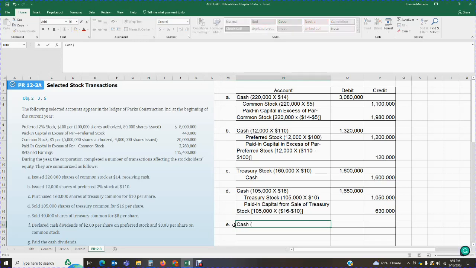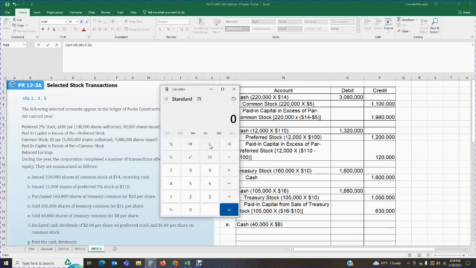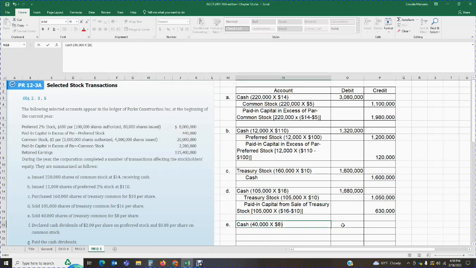We sold 40,000 shares at $8 a share, 40,000 times 8, we received $320,000 of cash. Our share was valued at $10 apiece. We sold it for $8, so we sold it for $2 less than par value.